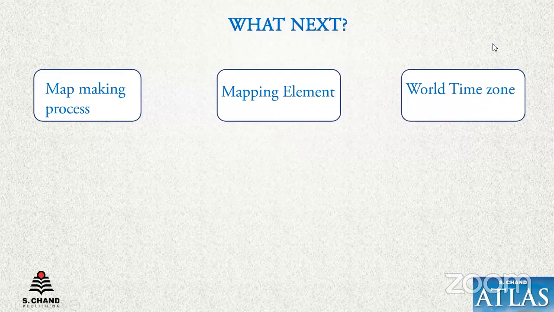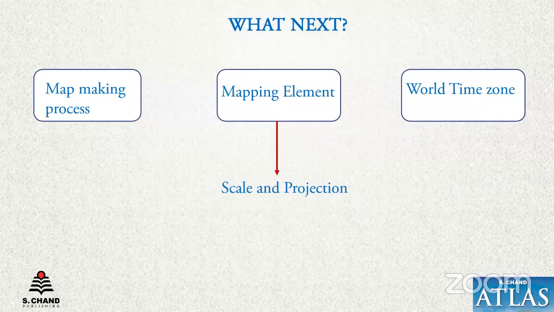I believe everyone is aware, and lots of people wonder how we present maps in a box and everything is plotted in different symbols. What is the logic behind this? The map making process I will explain in the next slides, along with the map elements considered under the map making process, and the world time zone.